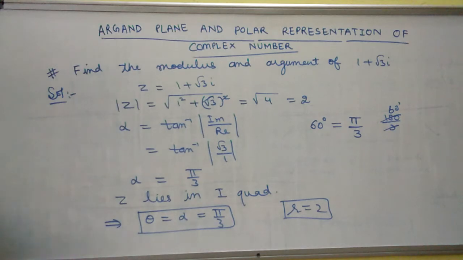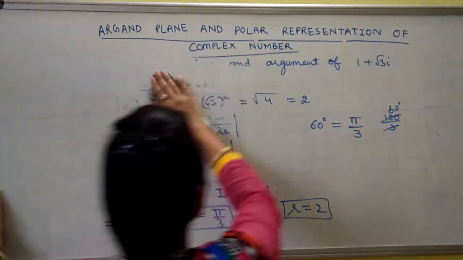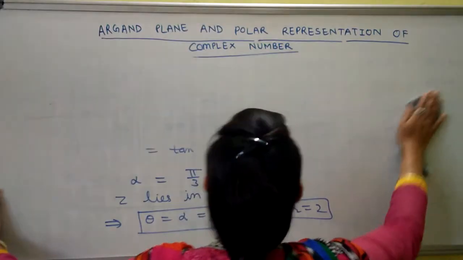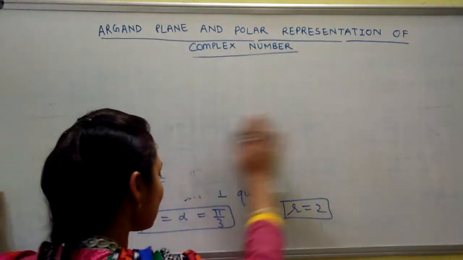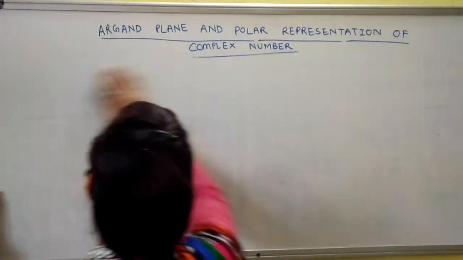Come to the second question, in which we have to find the polar form. How to find the polar form? We find the polar form by using the same concept, but at the last we have to put the values there.